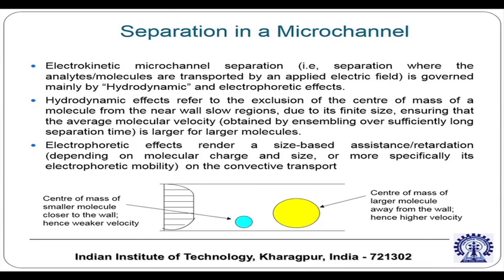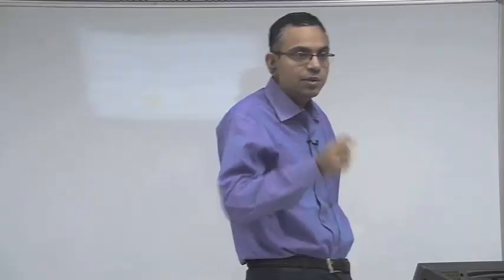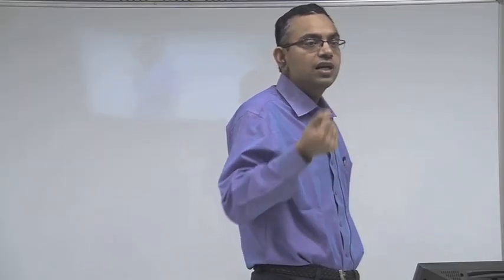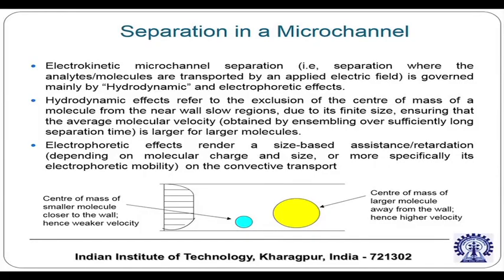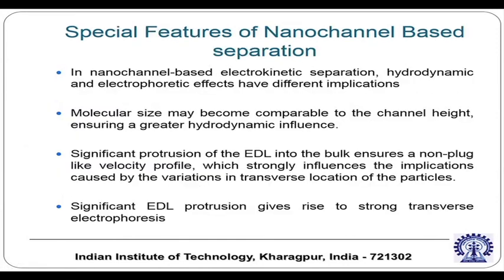There you can remember that because of the presence of a nearby particle there is a perturbation in the flow field, and that perturbation will disturb the Poiseuille flow if it is a pressure driven flow, or it will disturb the Helmholtz-Smoluchowski type of velocity if it is an electroosmotic flow, or in addition you have electrophoretic effects, and electrophoretic effects will act on the particle.